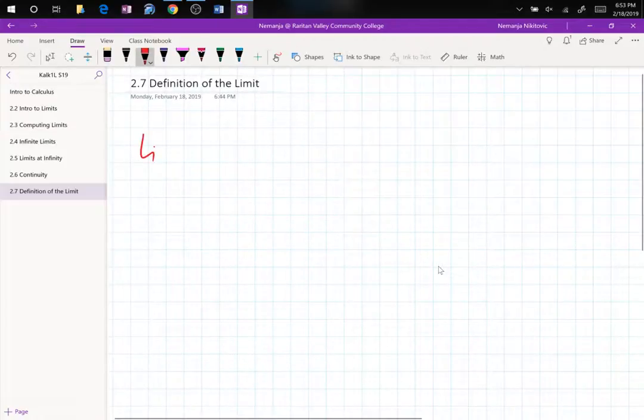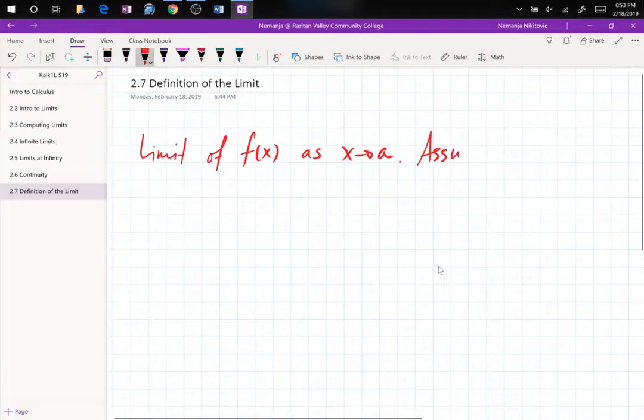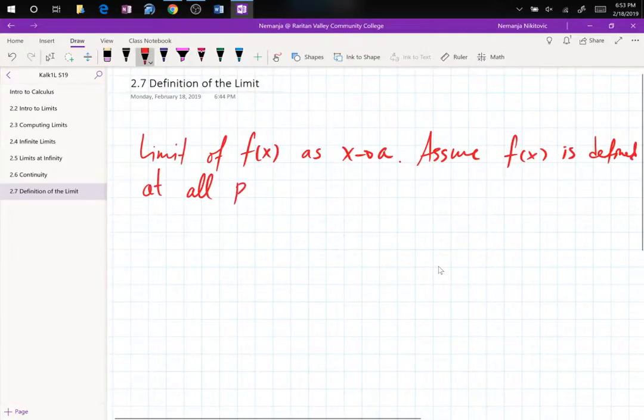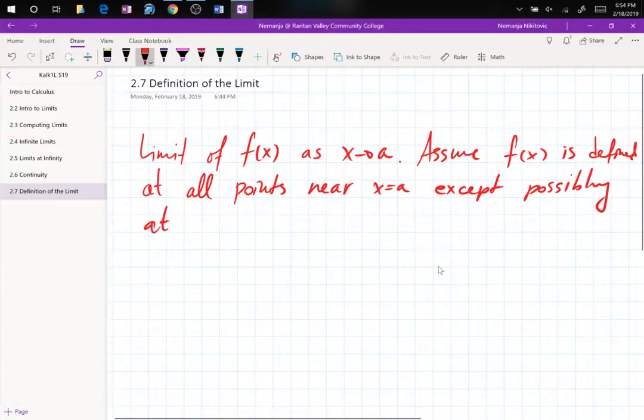So, limit of f of x as x goes to a. Assume f of x is defined at all points near x equals a, except possibly at a.